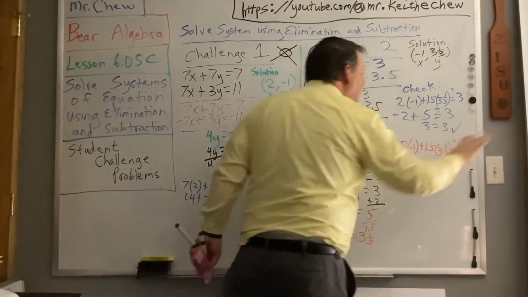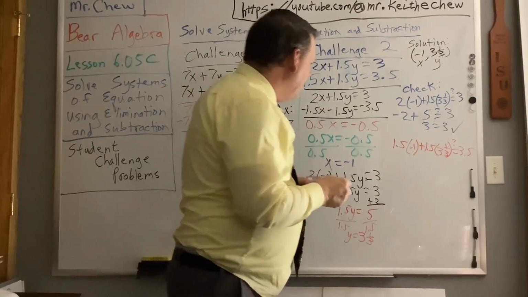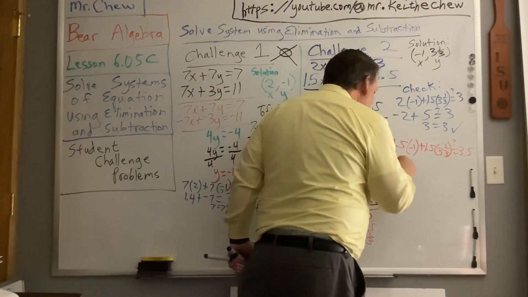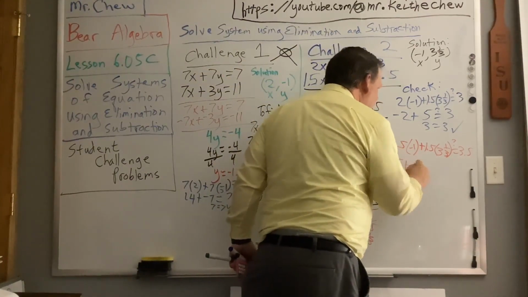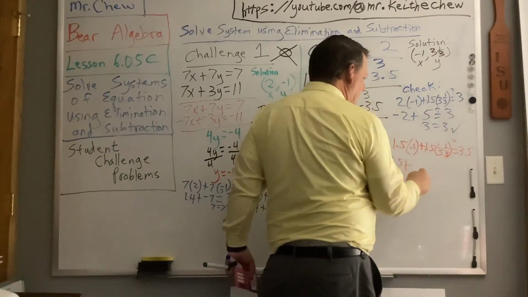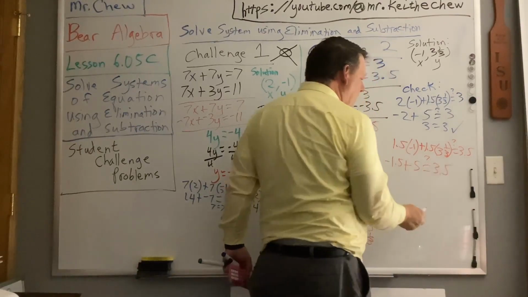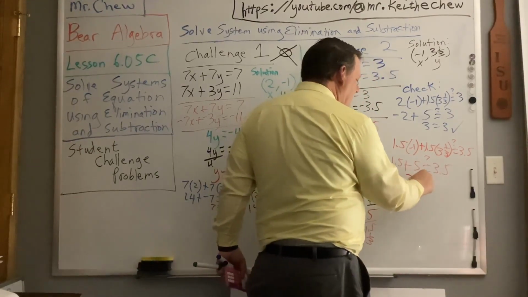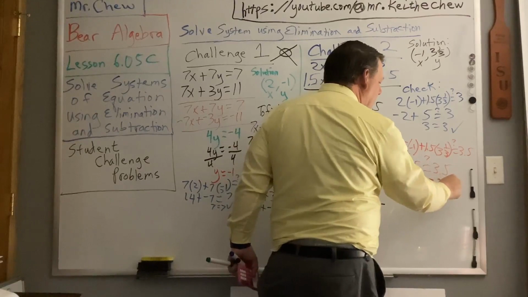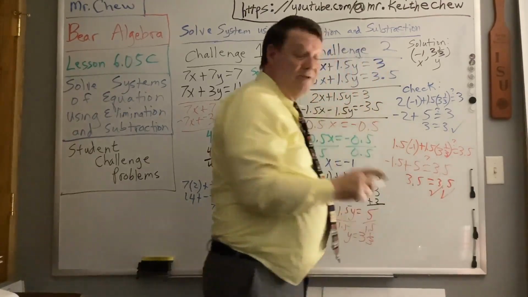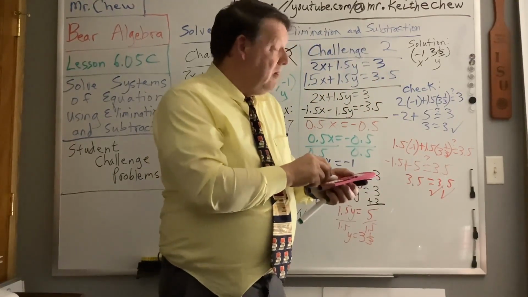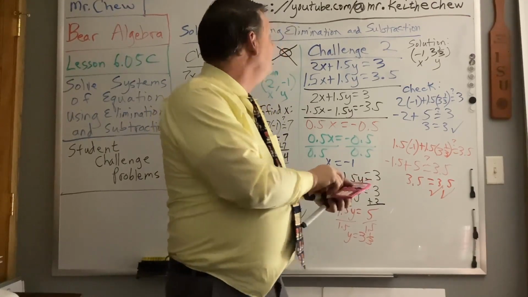And I know I'm getting close to going off the board, but I'm going to rewrite this. We already know that 1.5 times 3 1/3 is 5. We already did that in the calculator. I don't have to do it twice. And then you can see here, this is true. So do you see how the check was harder in some ways than the problem?